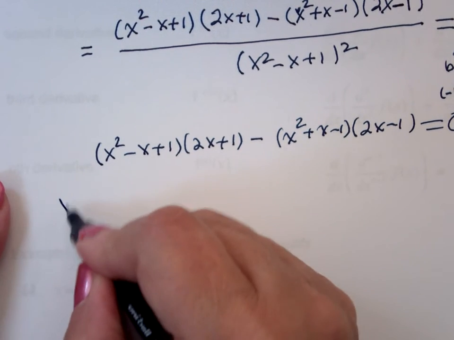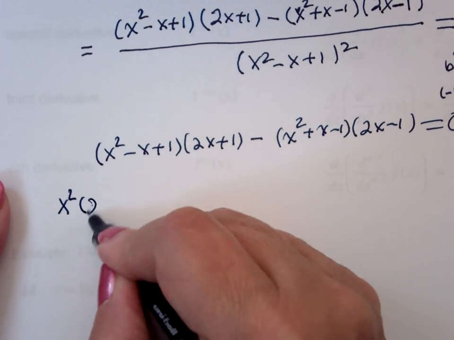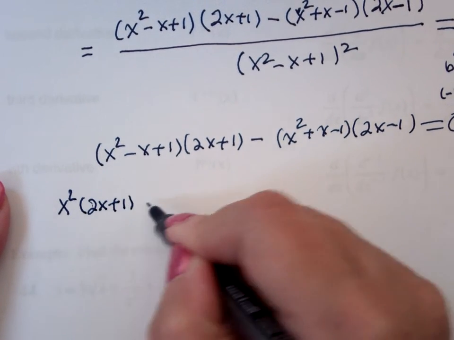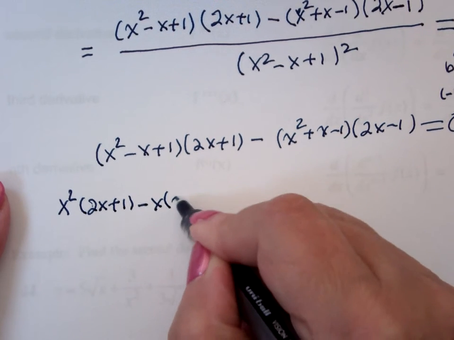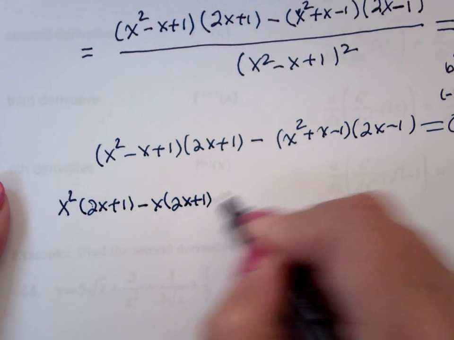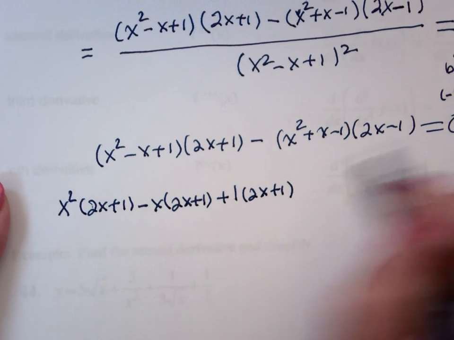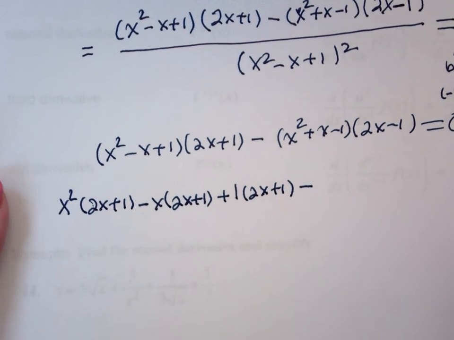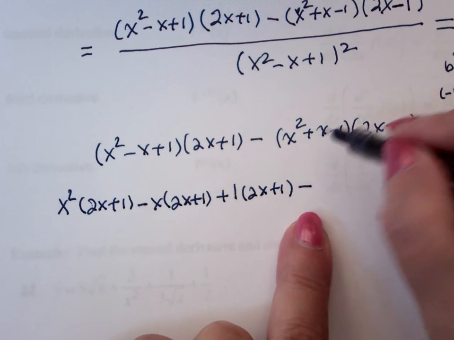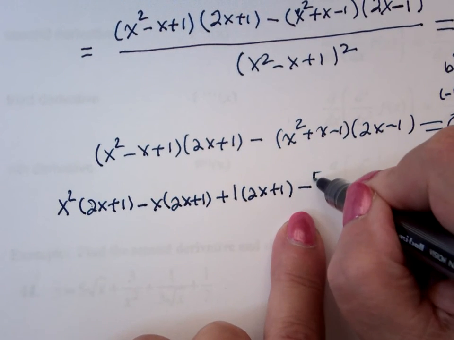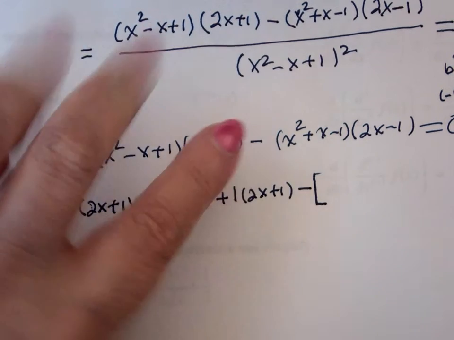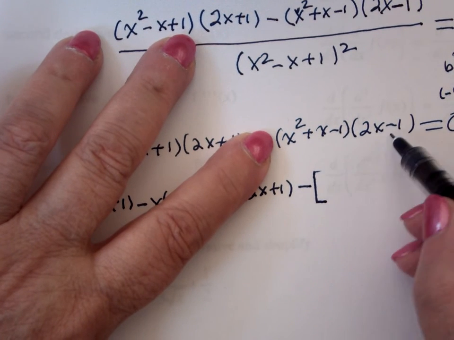So that I'll have x squared times 2x plus 1, minus x times 2x plus 1, plus 1 times 2x plus 1, minus. Now what's this minus going to do? Well, I'm going to leave it alone temporarily and take 2x plus 1.